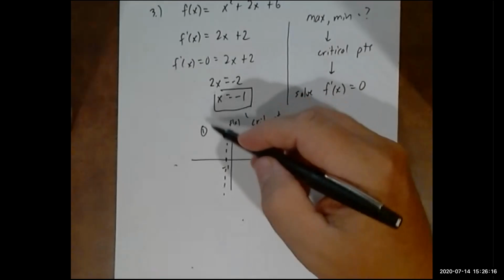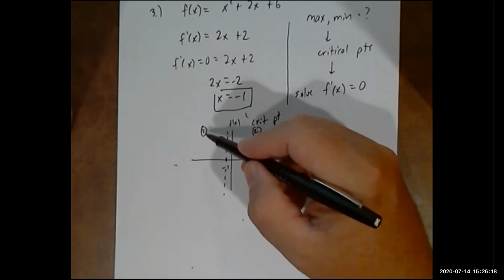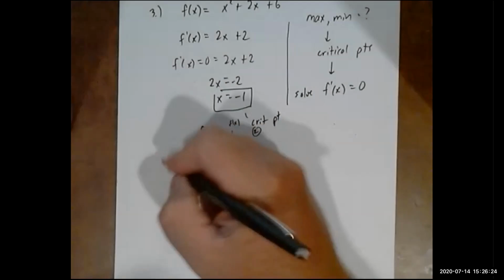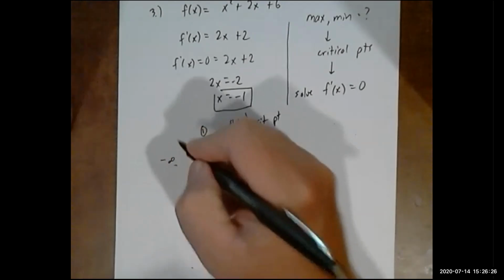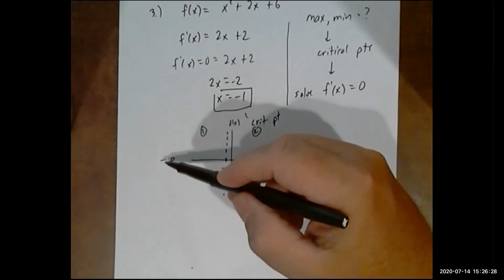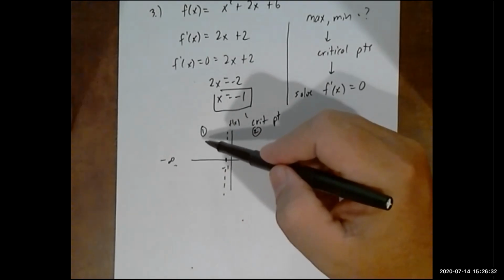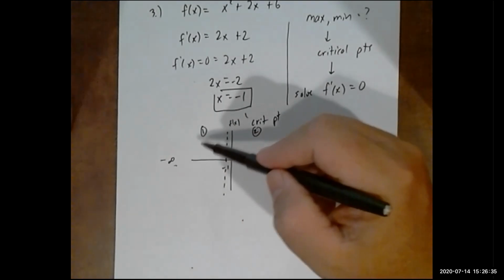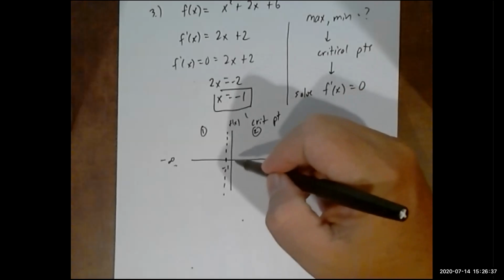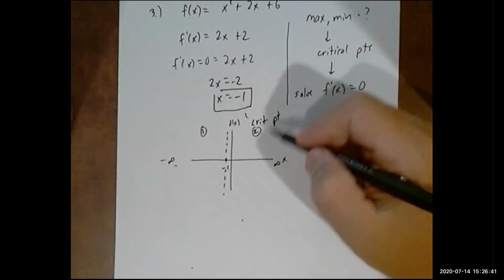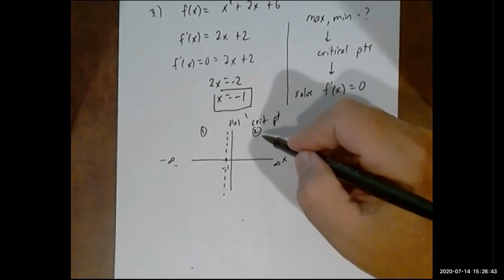What I know is the first derivative in region 1 is either going to be positive or negative, and it's not going to change. You can say from x equals -infinity to -1, the first derivative is either positive or negative. I don't know which. Region 2 says from -1 to positive infinity, the first derivative does not change. It's either positive or negative.